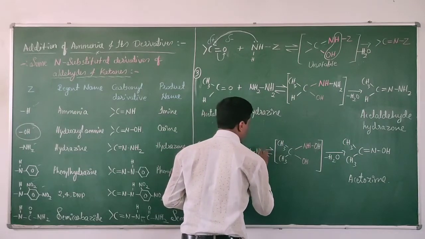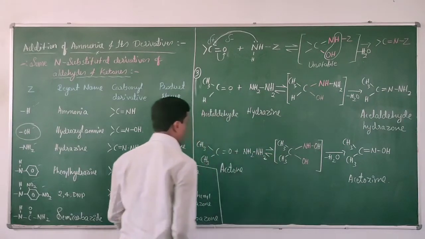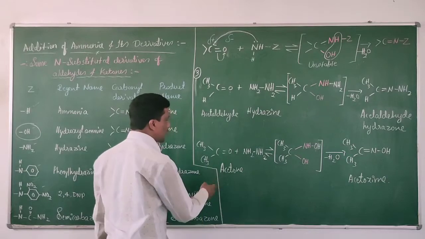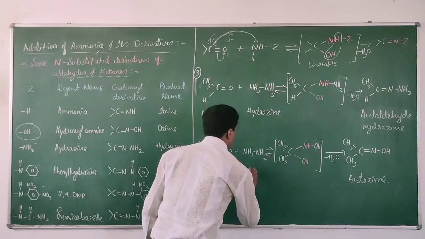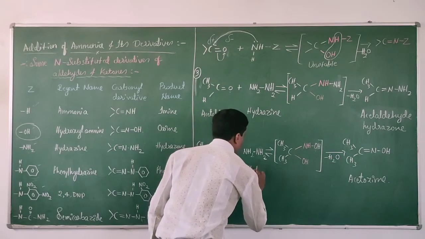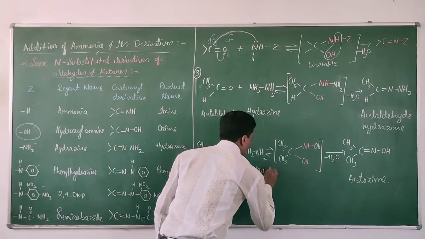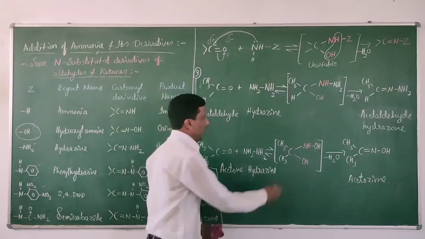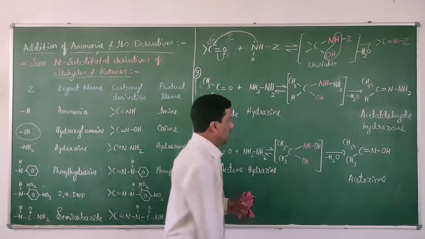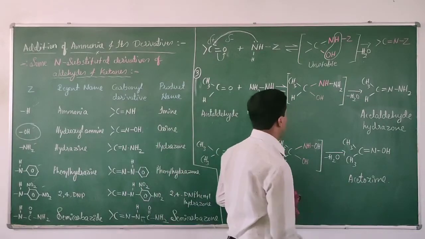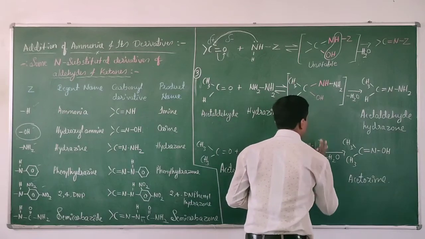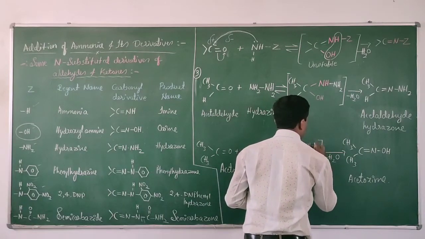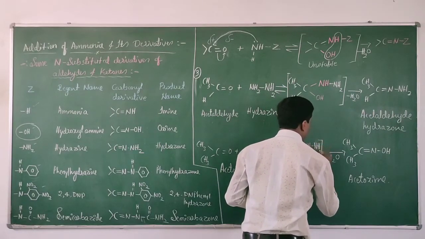Here write NH2. When acetone reacts with hydrazine, an intermediate is formed which loses the water because of its instability. In the place of NH2, what happens?